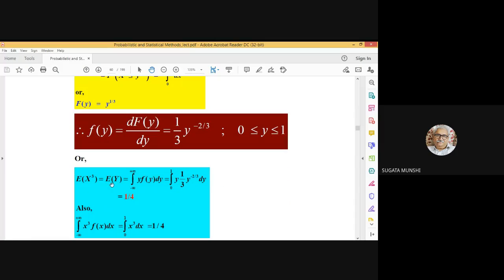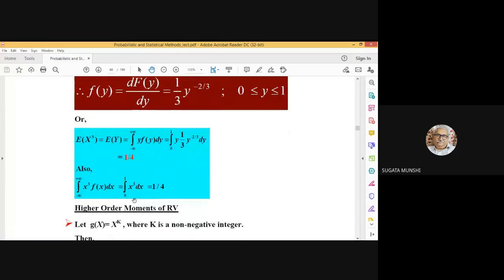Now I have obtained the expectation of y. Expectation of x cube is expectation of y. Using the straightforward expression, it comes out as 1/4. Instead of doing all these things, if I had used the law of the unconscious statistician, I could have straightway obtained it as minus infinity to plus infinity x cube fx.